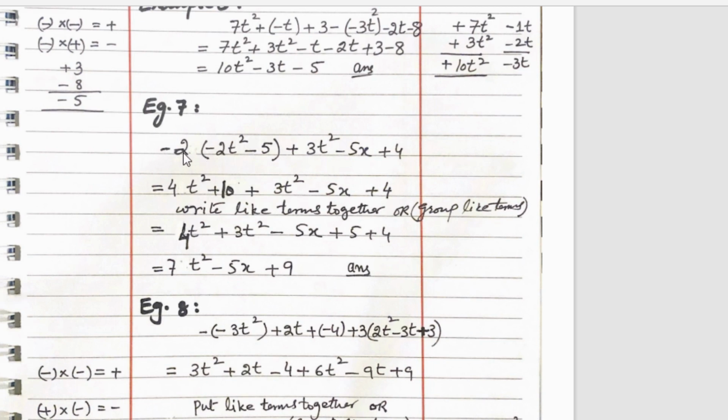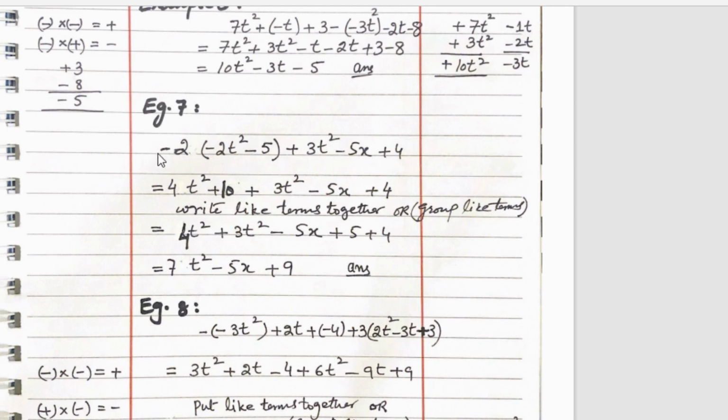Now numbers will be multiplied. 2 2s are 4, t square as it is. Again, minus 2 will be multiplied with 5. Why? Because when minus 2 is written outside a bracket and inside the bracket there are two terms or three terms or so on, this minus 2, or whatever is outside the bracket, will be a common factor of all these terms inside.